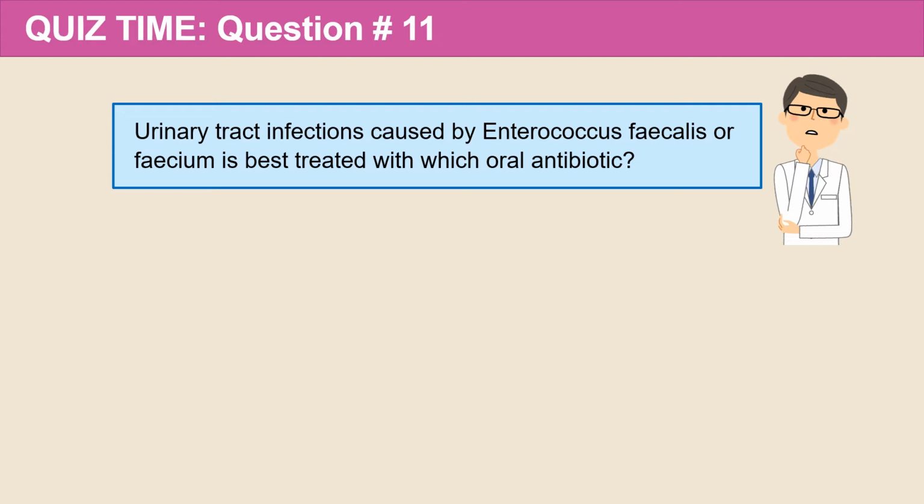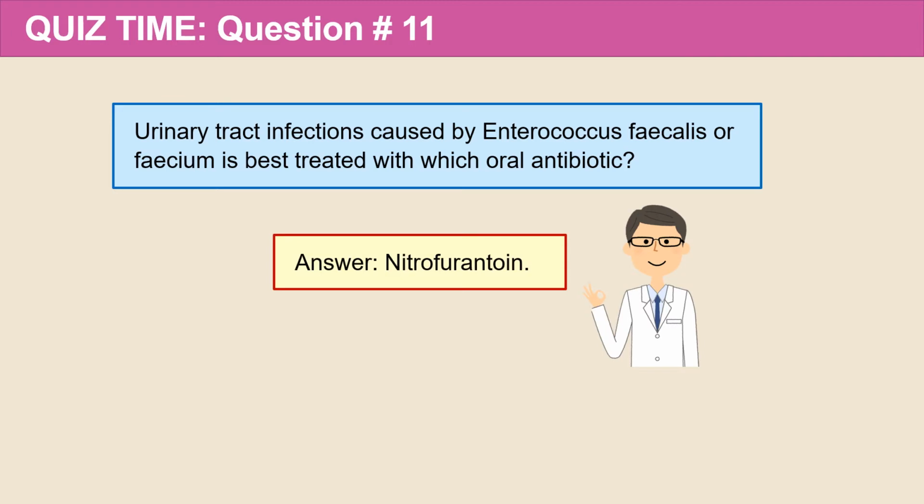Question 11. Urinary tract infections caused by Enterococcus faecalis or faecium is best treated with which oral antibiotic? We can use nitrofurantoin to treat these types of urinary tract infections for both enterococcal species.